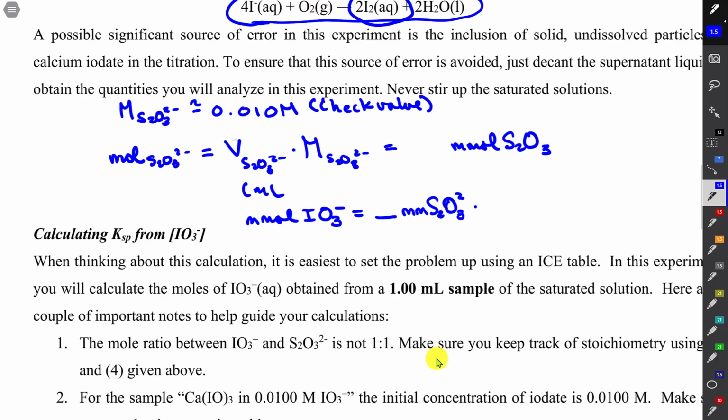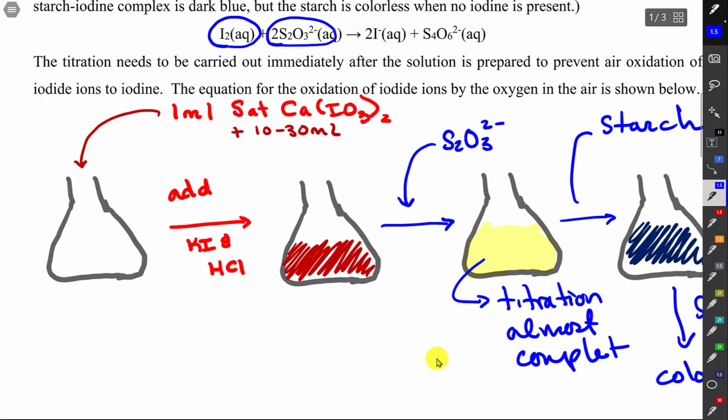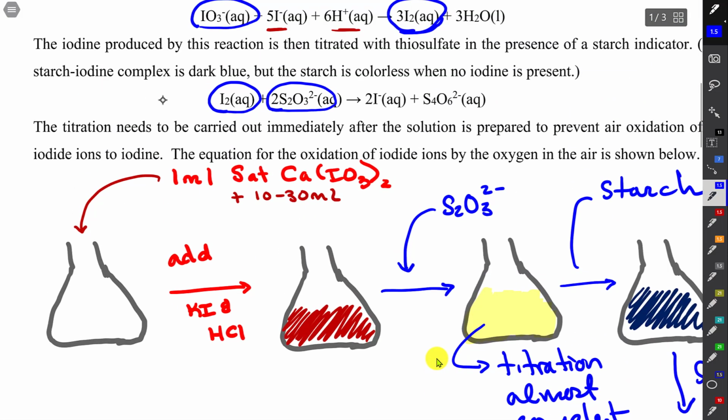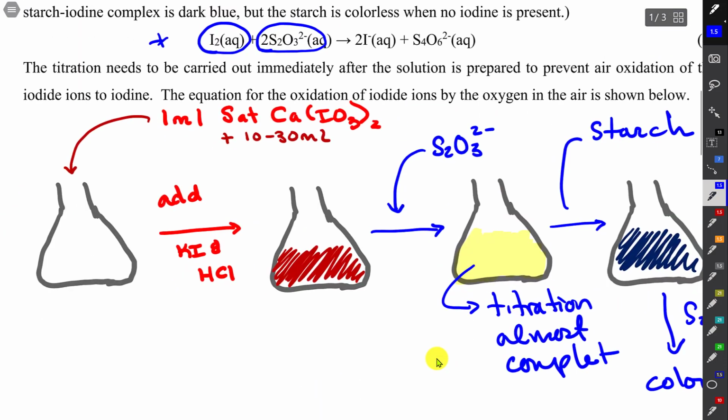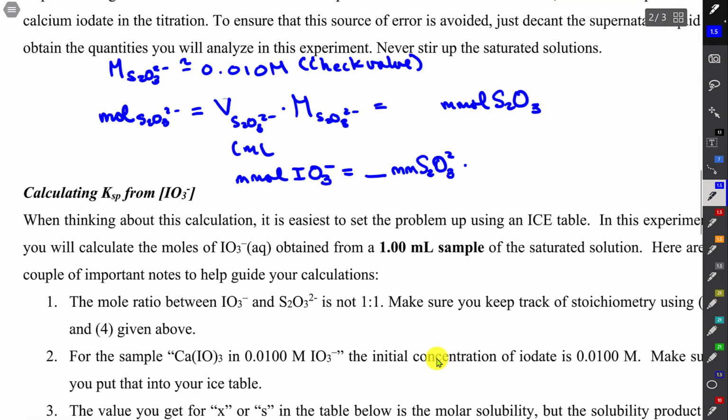So the first reaction is this one, it's equation number 4. And it's 2 moles of S2O3 2 minus for every 1 mole of I2.